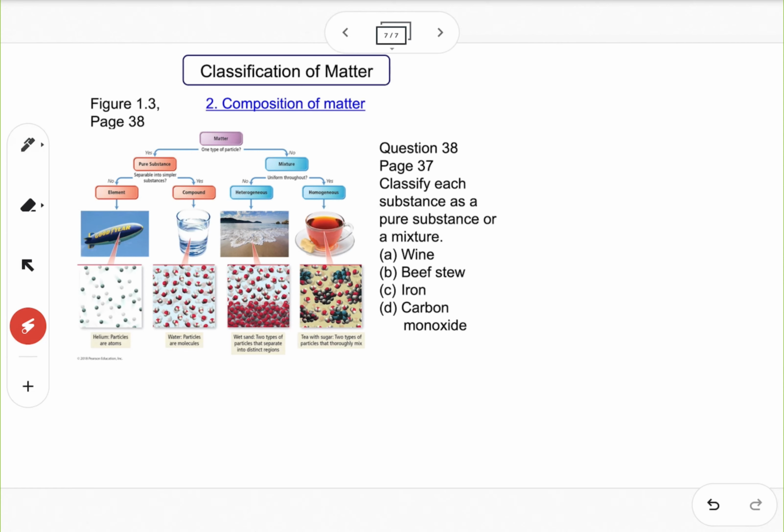All right, for pure substance, you can classify that into two categories. The first one is element, the other one is compound. How do we define elements? Element means a substance that cannot be chemically broken down into simpler substances. For instance, helium.